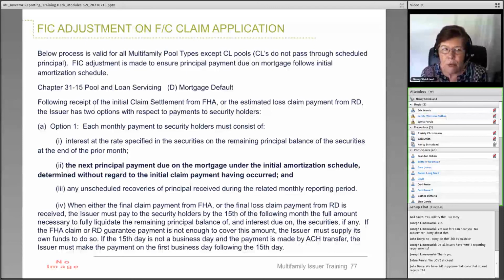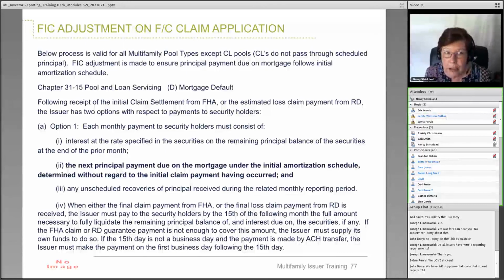If you do not recalculate your FIC adjustment, say if your FIC is $40,000 and you apply claim funds, the next month you'll be passing through like $30,000 in principal and maybe $1,000 in interest. So we want to recalculate the FIC to keep the mortgage principal in line.